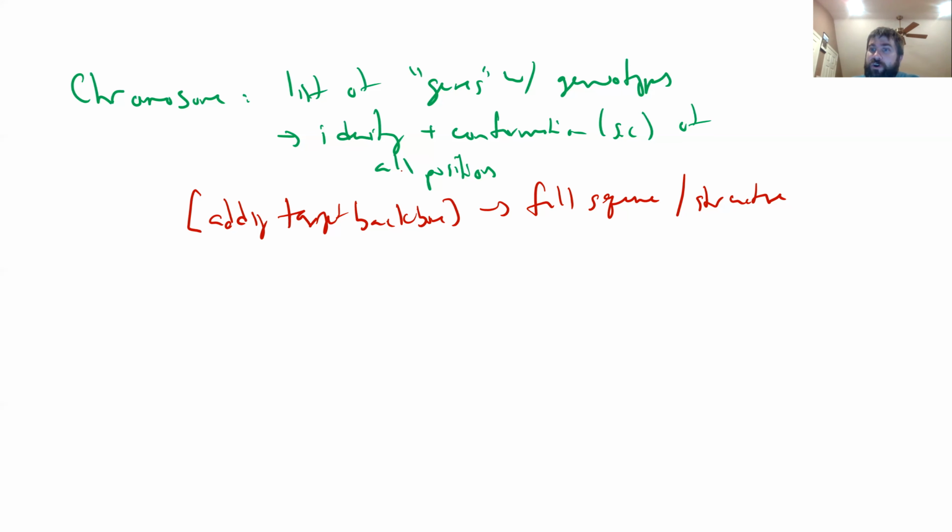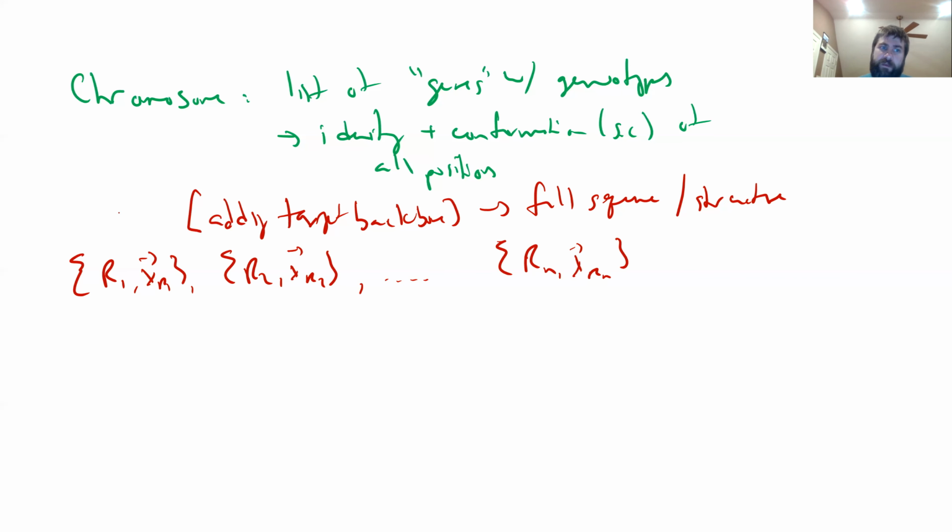So in this case, the complete chromosome is a single structure of a single potential protein. We can think of this as a list of R1 with the conformation at R1, and R2, the conformation at R2, and so on to Rn and the conformation at Rn.